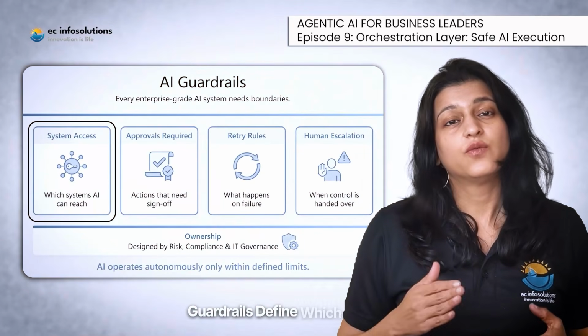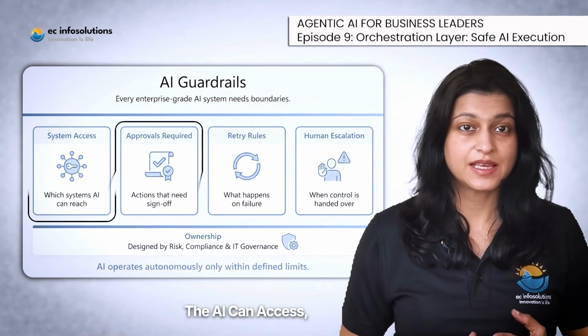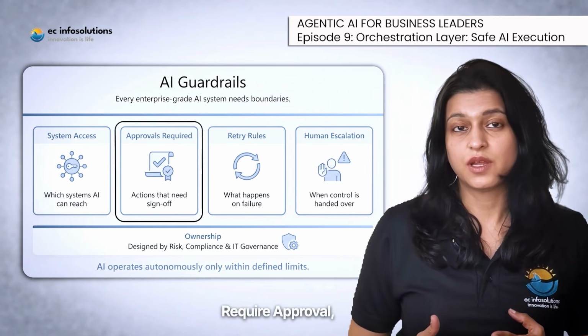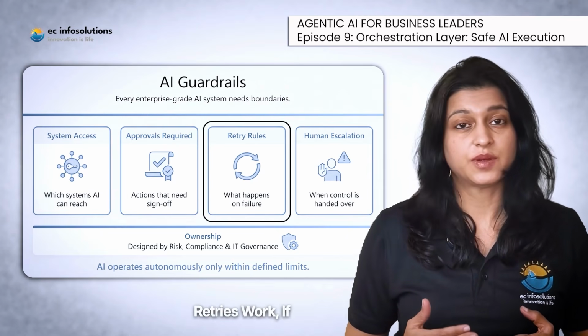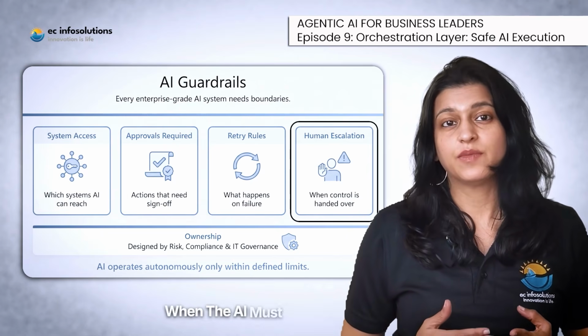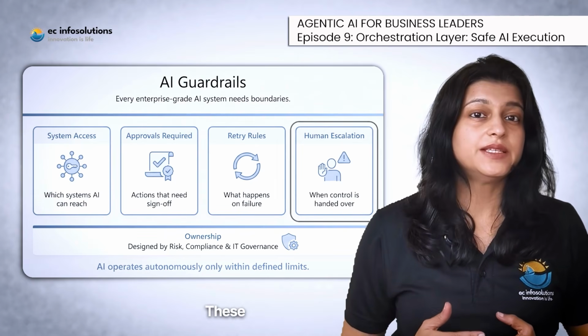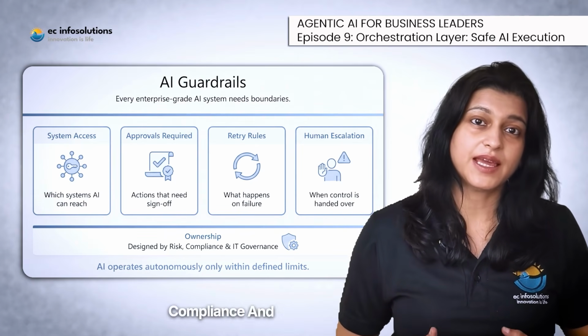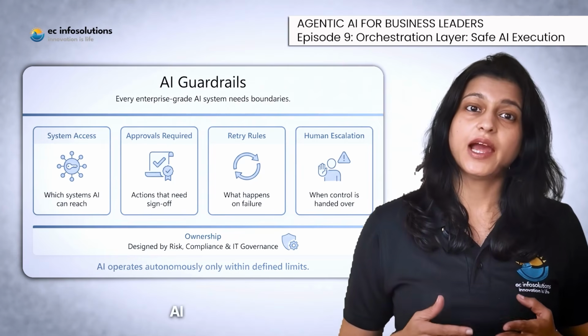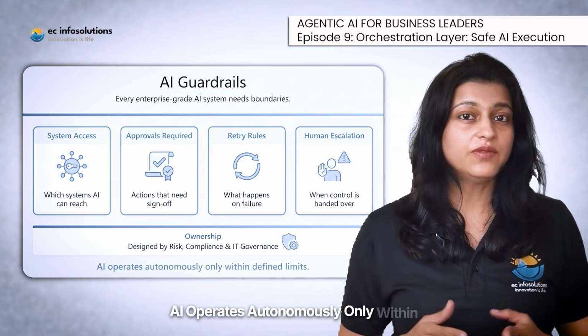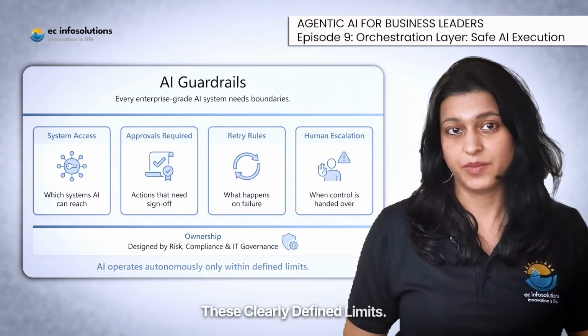Guardrails define which systems the AI can access, which actions require approval, how retries work if something fails, when the AI must escalate to a human. These are designed by risk, compliance, and IT governance teams. AI operates autonomously only within these clearly defined limits.